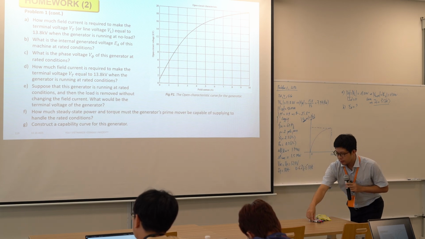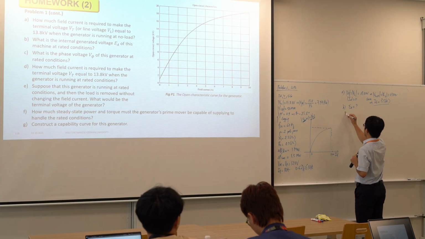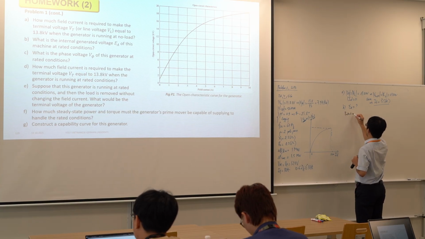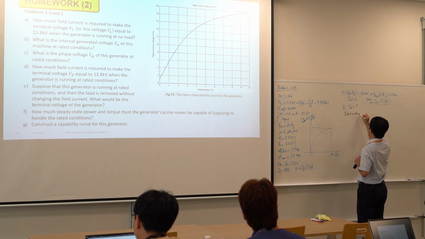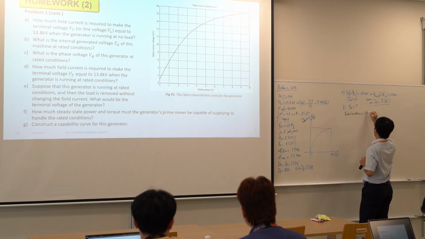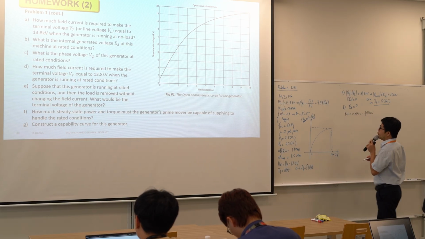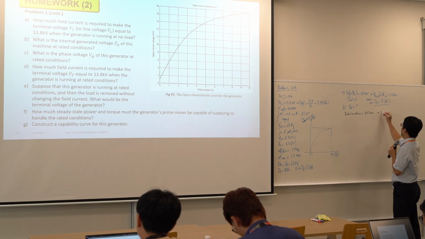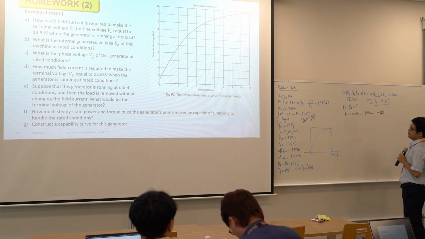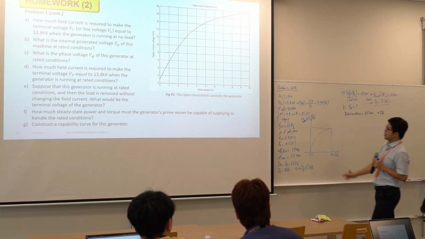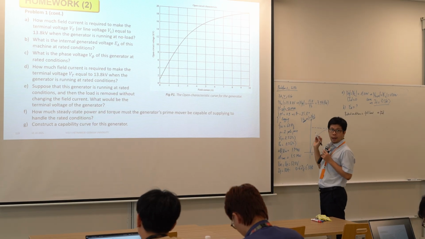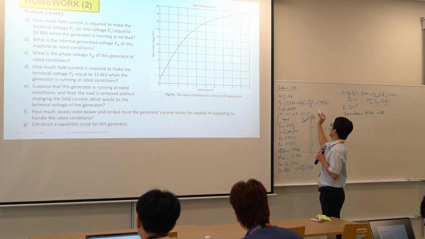So remember that rated condition means full load. So we need to calculate IA and the phase angle. Can we get IA? Yes, because we have the information of apparent power and the phase voltage.